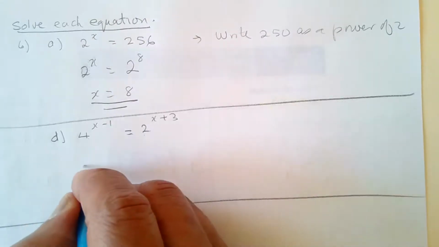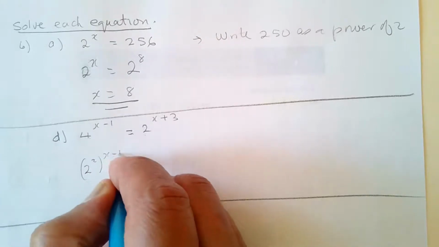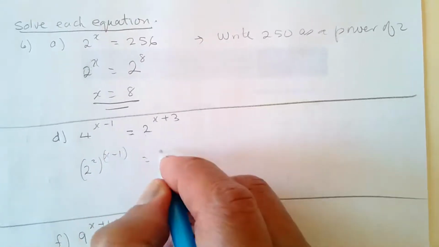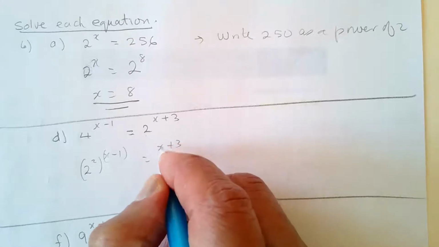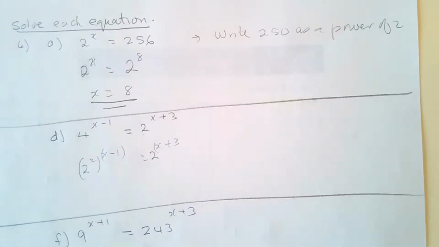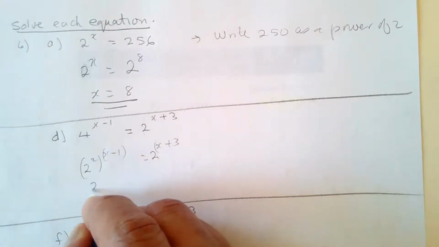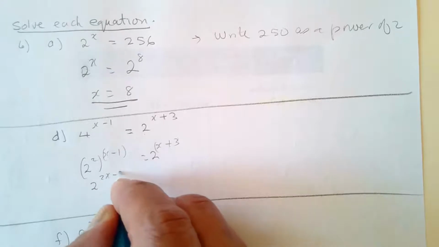So this becomes 2 to the power of 2, x minus 1 is equal to x plus 3. Now, we're going to use our power rule. It's 2 to 2x minus 2.